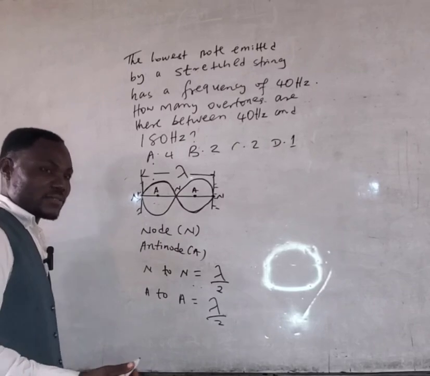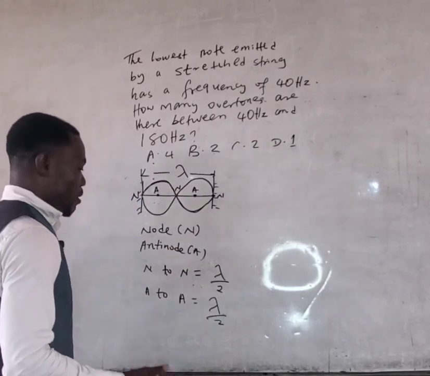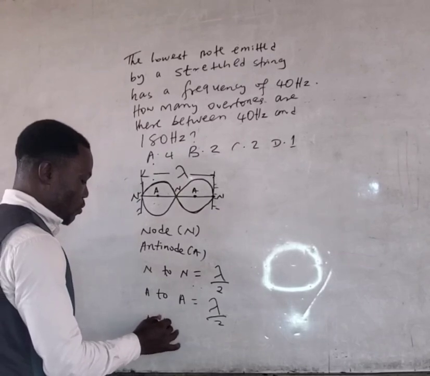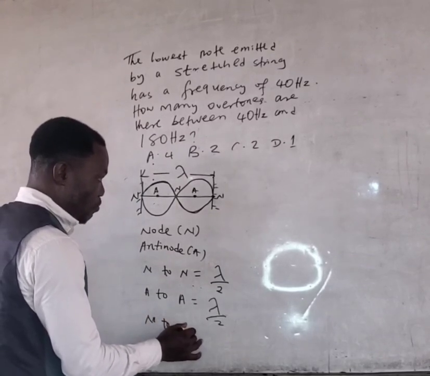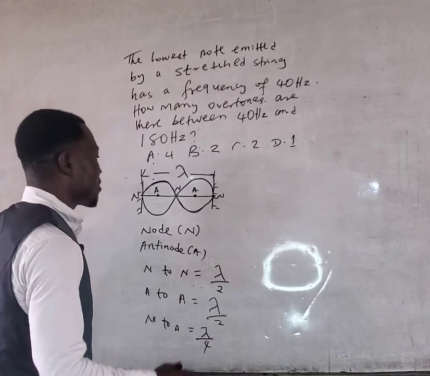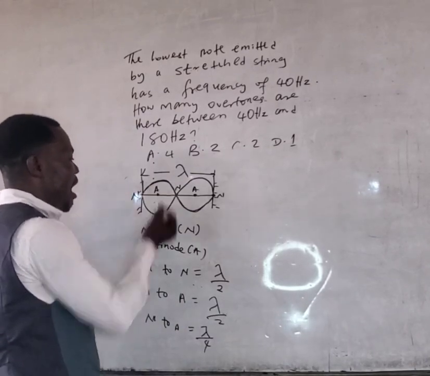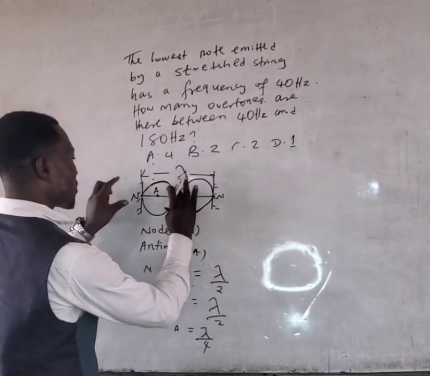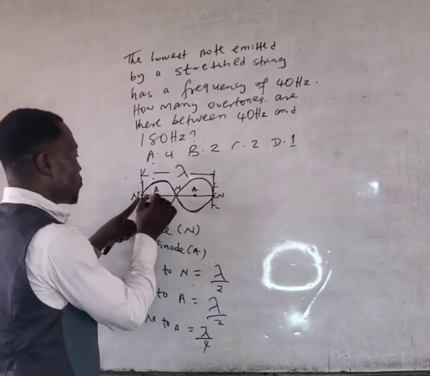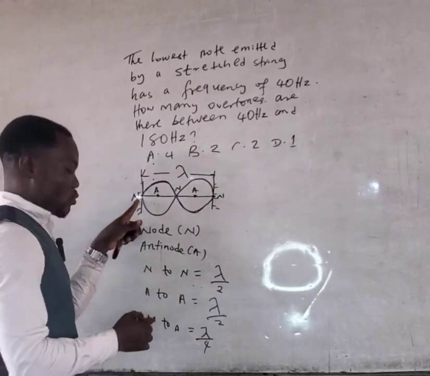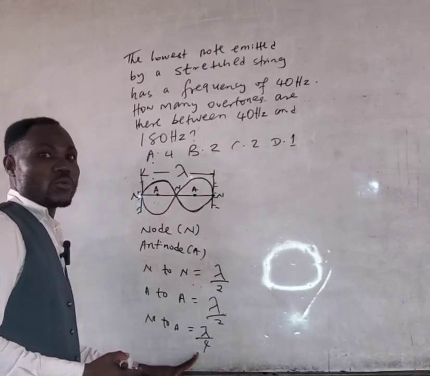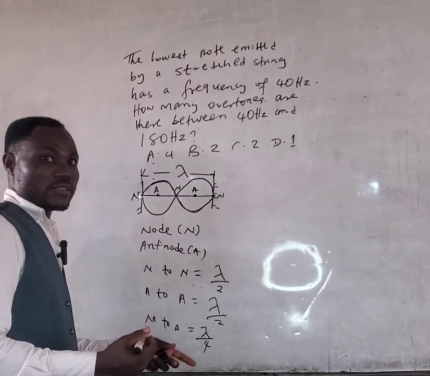You're getting it, right? Good. Now, you can also see that the distance from a node to an antinode will be equal to 1/4 of the wavelength. So from here to here is half of half, because this loop is half, which is what we identified here. Then from here to here is like dividing this into two, which is half of half again, which is lambda over 4. Are you following?